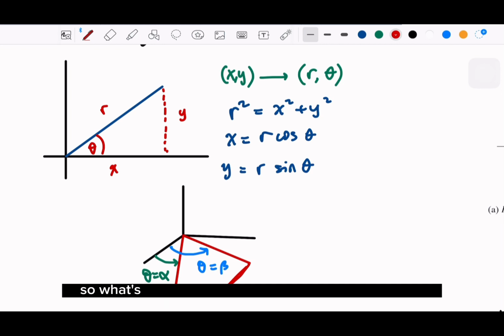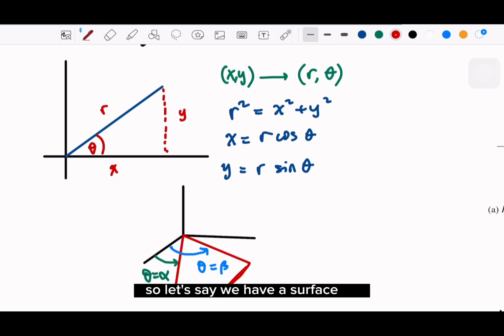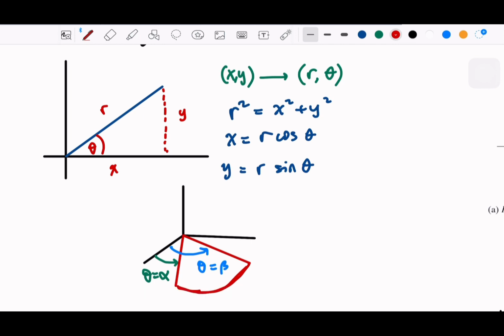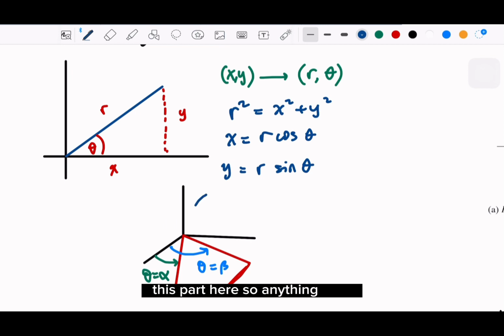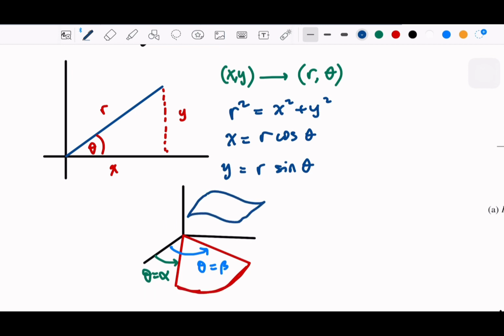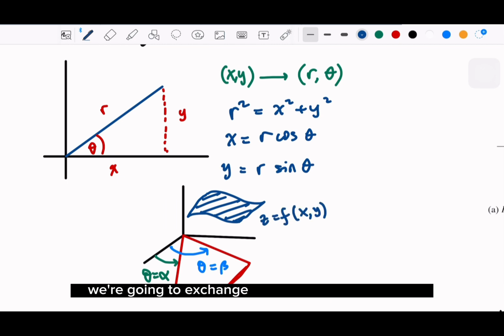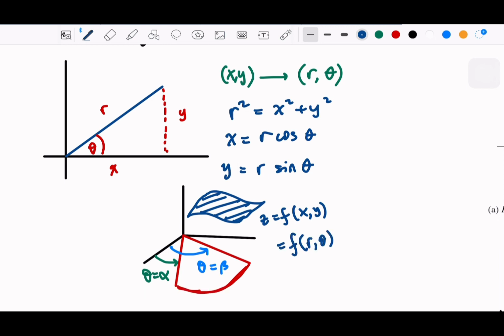So the idea here is whatever surface you have, let's say we have a surface on this part here, so let's say we have z. Suppose that this is xy. We're going to exchange this xy into our r and theta.